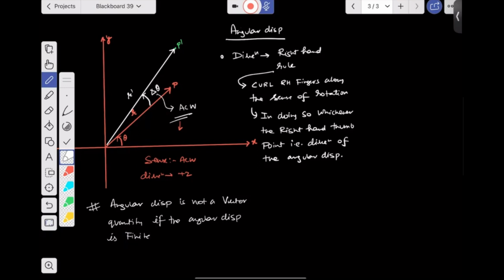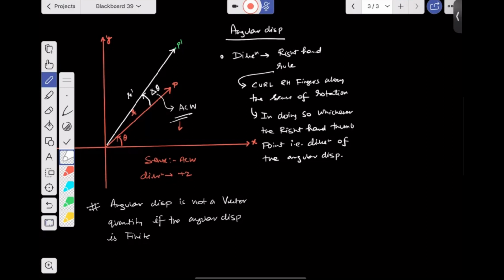For something to be called a vector, having direction and magnitude is the necessary condition, but not the sufficient condition. The sufficient condition is that it must follow the algebra of vectors. If it doesn't follow the algebra, maybe the triangle law or vector addition, then it is not a vector, like electric current, which does not follow it, so it was not a vector. Here it doesn't follow the commutative nature of vector addition.